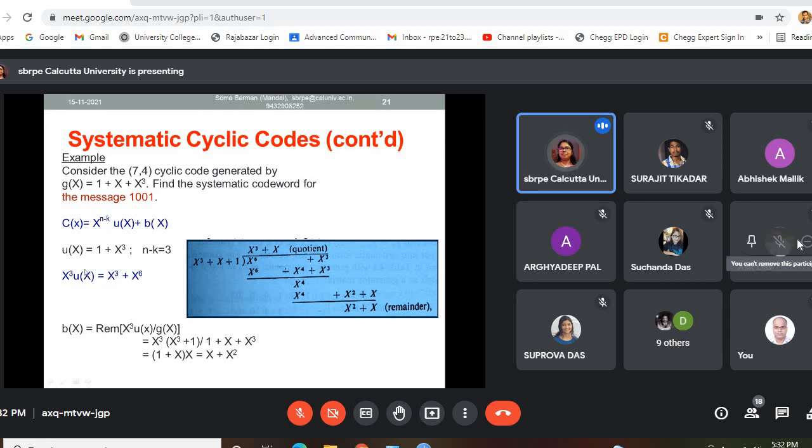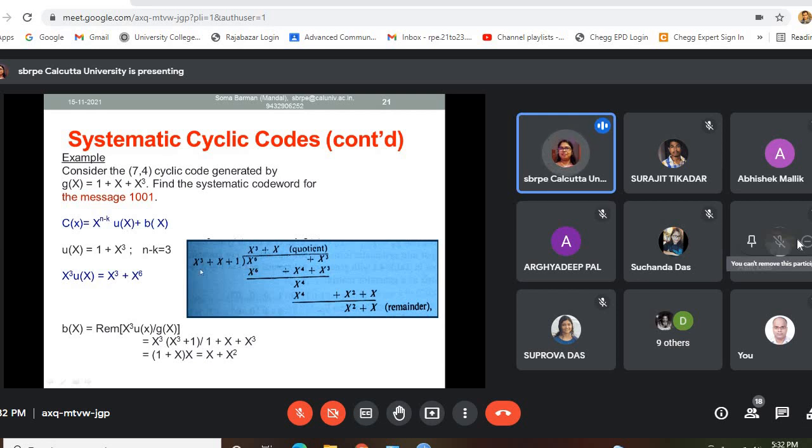Now to form bx, you have to divide this by gx. So x cube plus x to the power 6 should be divided by 1 plus x cube. This is shown in this box, how you are dividing, because the remainder gives you the parity.